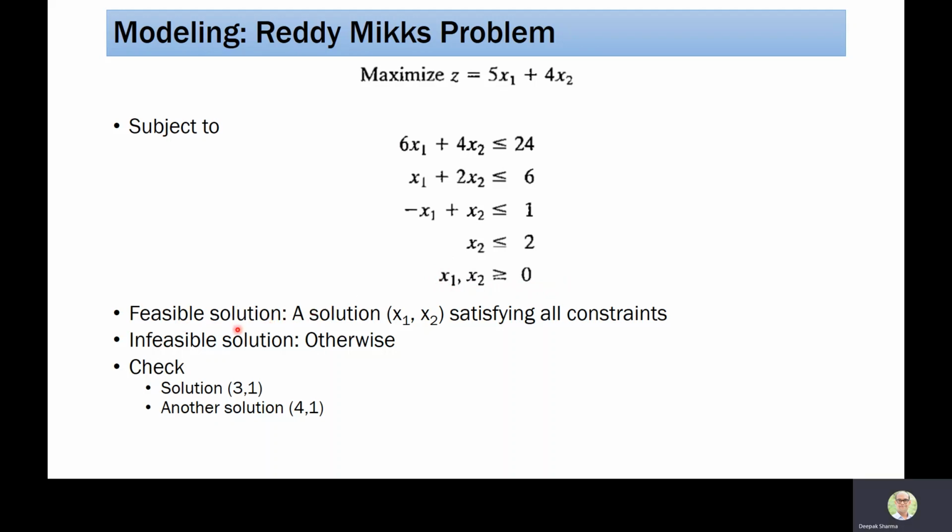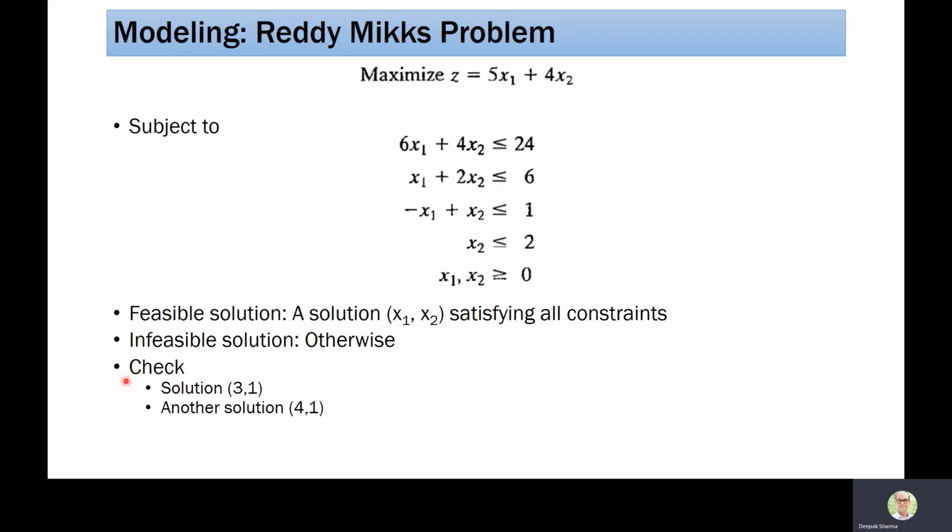As a recap, a feasible solution is one with values of x1 and x2 for which all the constraints as well as the variable bounds are satisfied. If any one of them is not satisfied, otherwise the solution becomes an infeasible solution.